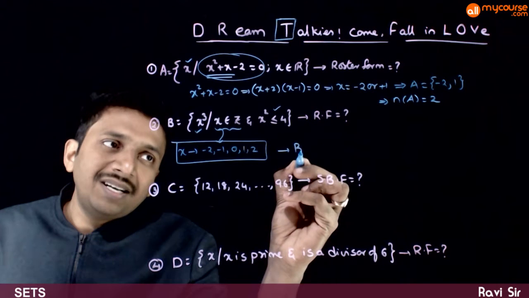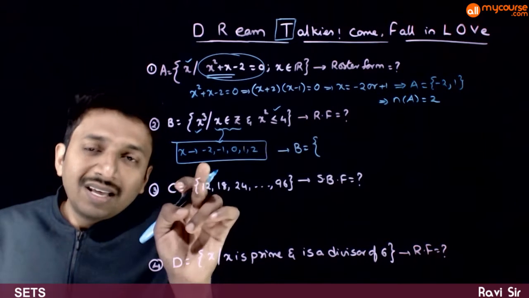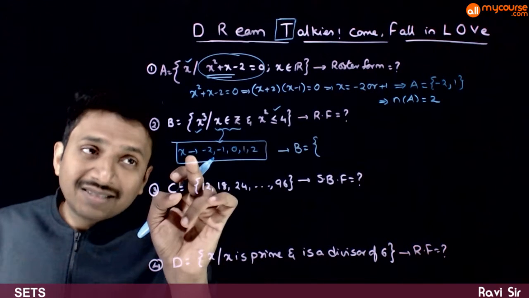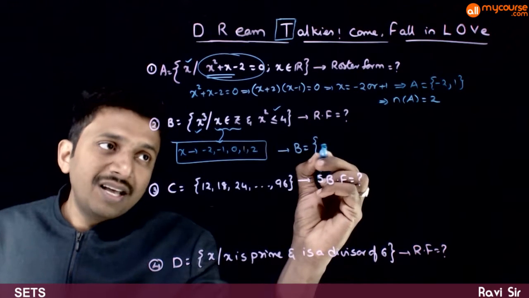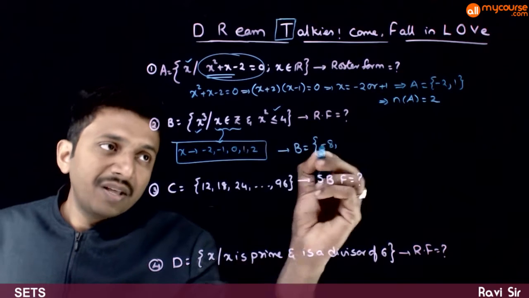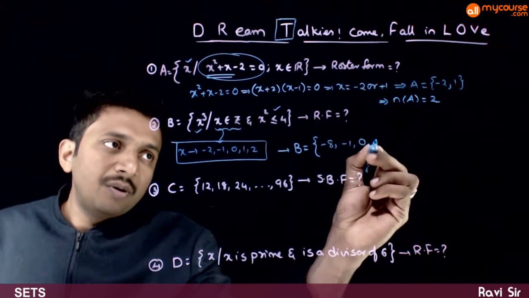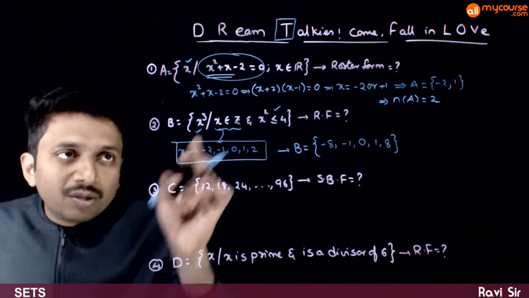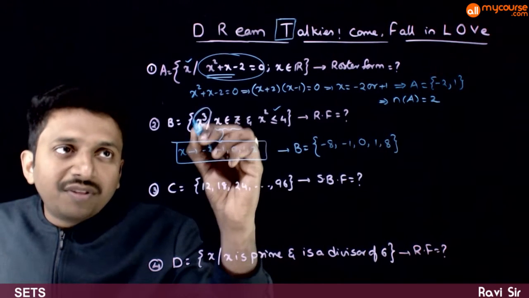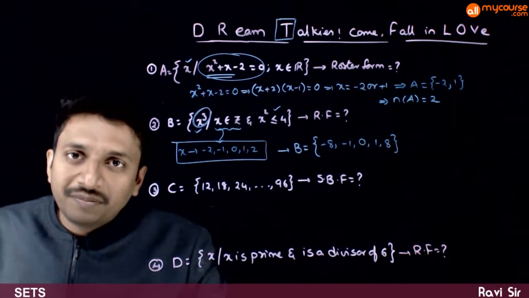So my set contains x cubed, where x takes these 5 values, that is minus 8 for this, minus 1, 0, 1 and 8. So this will be my set. This is the form of the element.